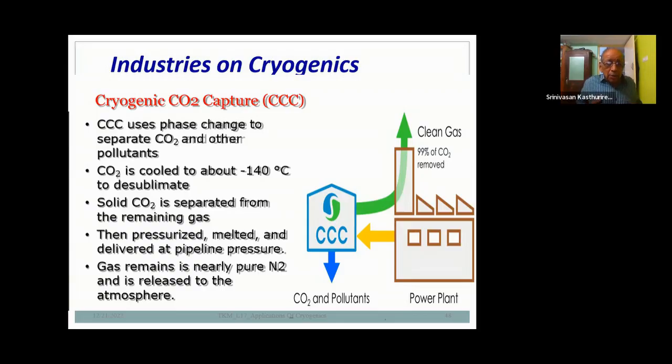What is normally done as far as CO2 is concerned is that it is cooled to minus 140 degrees centigrade to desublimate, so the CO2 will be more like a solid. The solid carbon dioxide gets separated from the remaining gas, then pressurized, melted, and delivered at higher pipeline pressure.